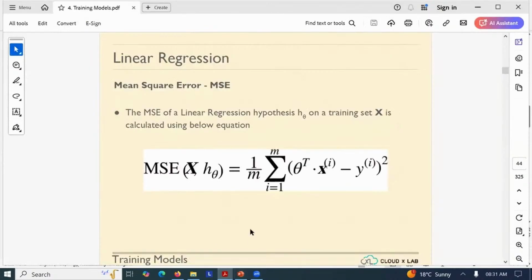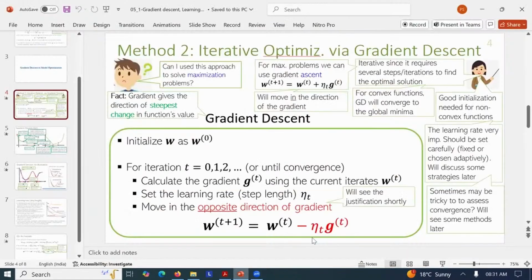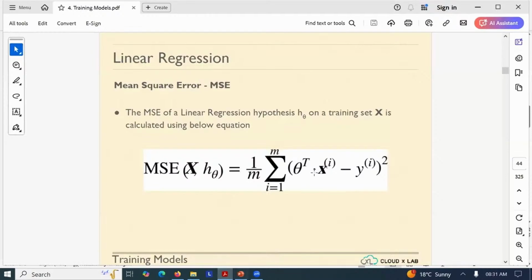Now let's discuss stochastic gradient descent. In stochastic gradient descent, we are calculating this gradient by only using one training example at a time, right? So if we are calculating GT by just using one training example, we only have to calculate (theta^T x_i minus y_i) whole square.